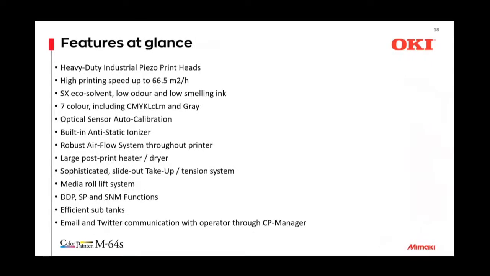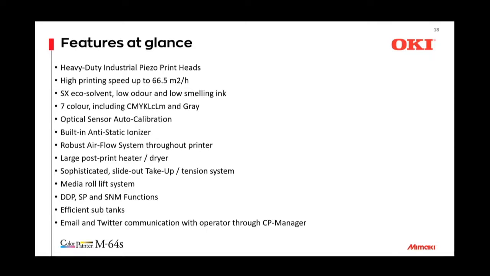All right, so these are the features. We'll run through these in a little bit more detail, but obviously the Seiko printhead technology, production speeds. SS EcoSolvent ink has lots and lots of advantages. We'll run through them. M64S, 7-color, so we include grey, so CMYK, light cyan, light magenta, and grey.